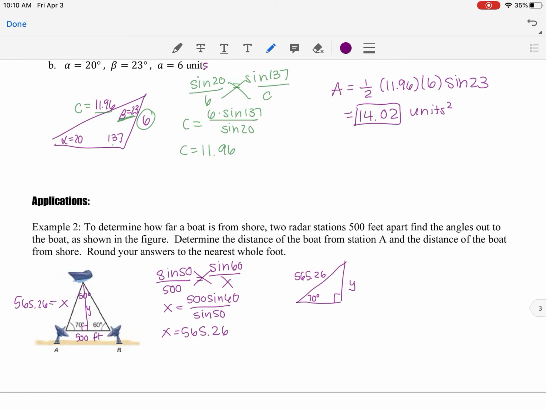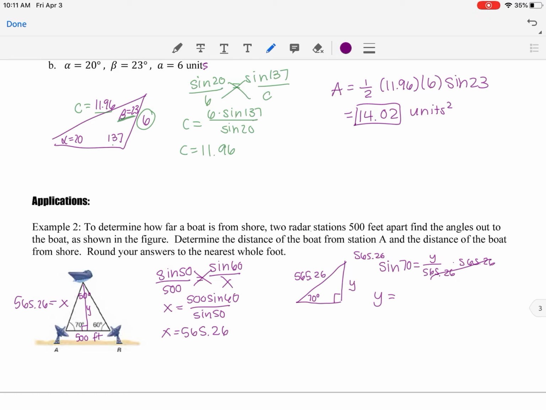Here we're going to use some of our other trig knowledge. Notice I've got the opposite side and I've got the hypotenuse. So I'm going to say sine of 70 equals y over 565.26. Solve for y by multiplying both sides by 565.26.